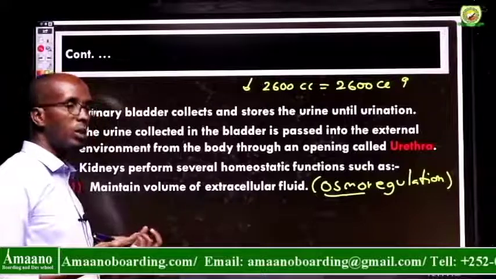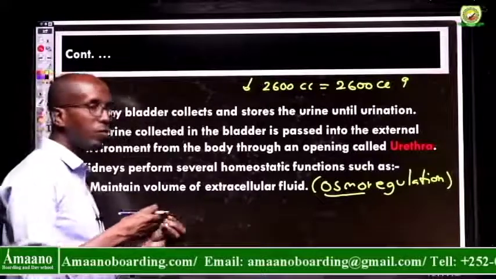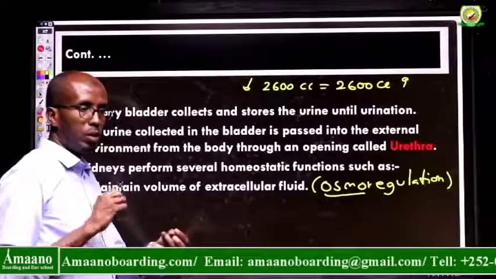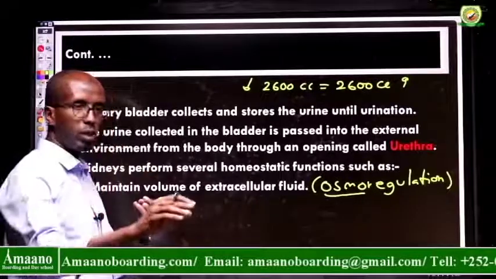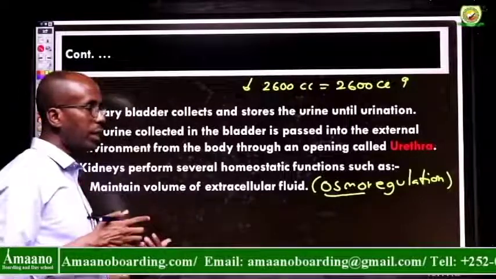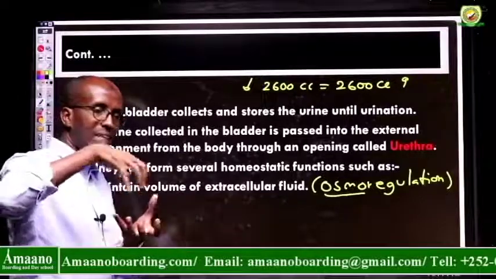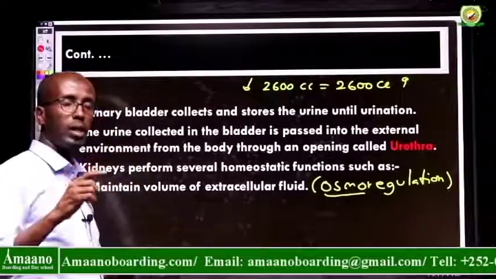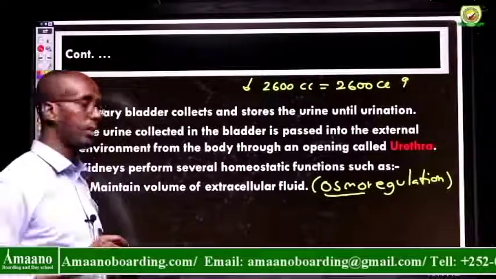We know that there is a kind of relationship between the cells and the blood. Blood supplies nutrients to the cells and also carries waste from the cells. This is regulated by the amount of water in the cell and the amount of water in the blood.